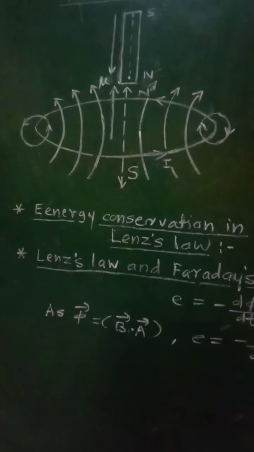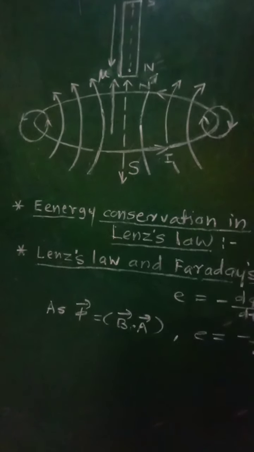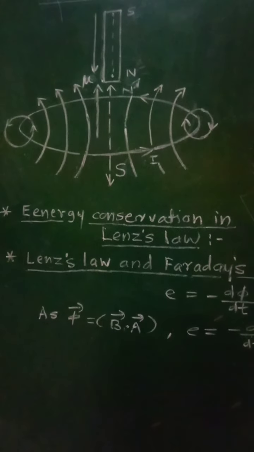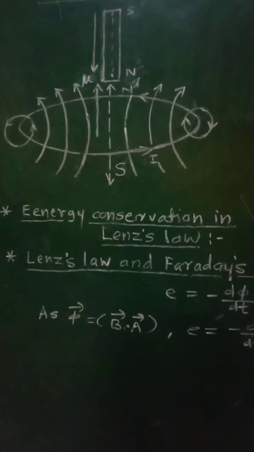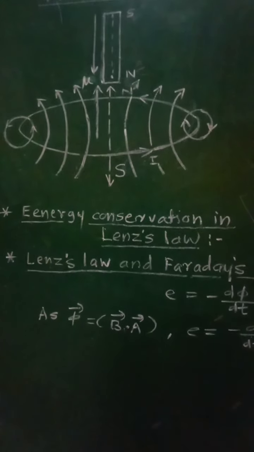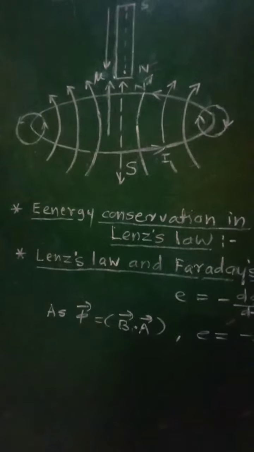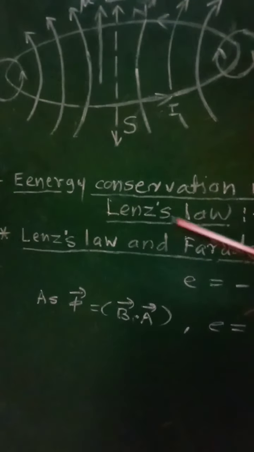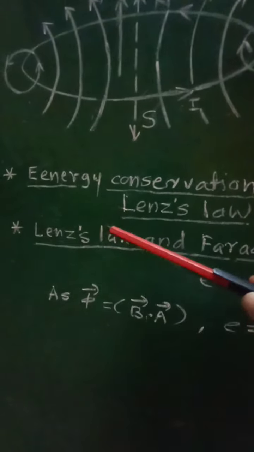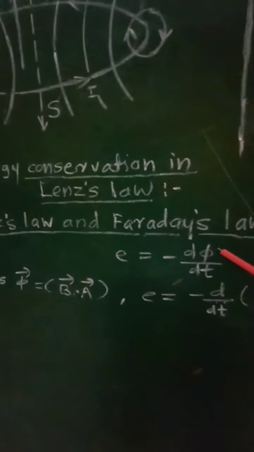Now this will violate the law of conservation of energy, and thus Lenz's law is a necessary consequence of the law of conservation of energy. Then let us see the next point, that is comparison between Lenz's law and Faraday's law.